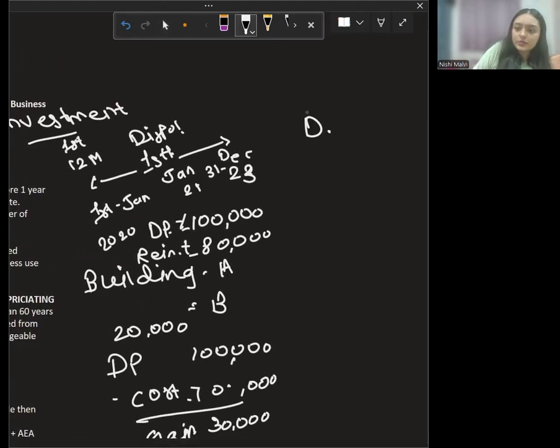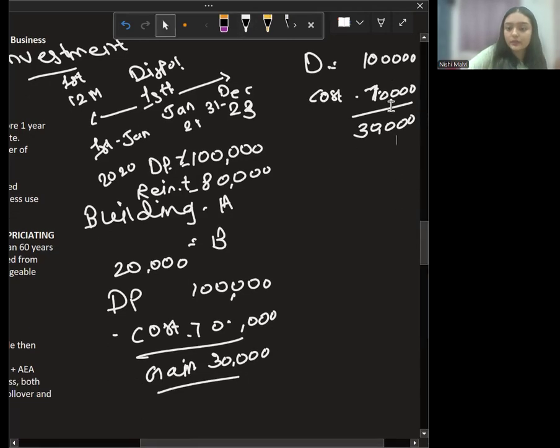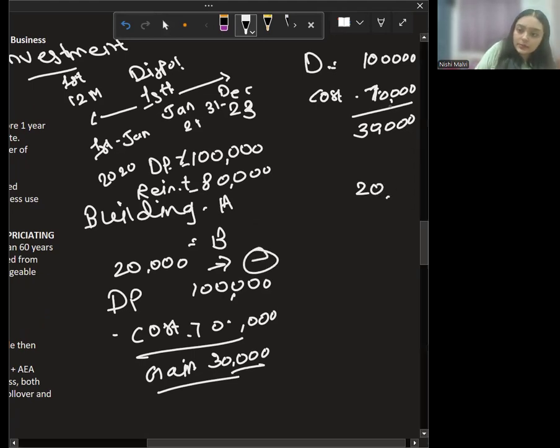So disposal proceeds is 100,000 pounds, cost is 70,000, which means my gain is 30,000. Lower of the gain and the proceeds not reinvested, which is 20,000. Whichever is lower, this one is lower, right? So this will be chargeable now, and the difference, which is 10,000, will be your rollover relief.